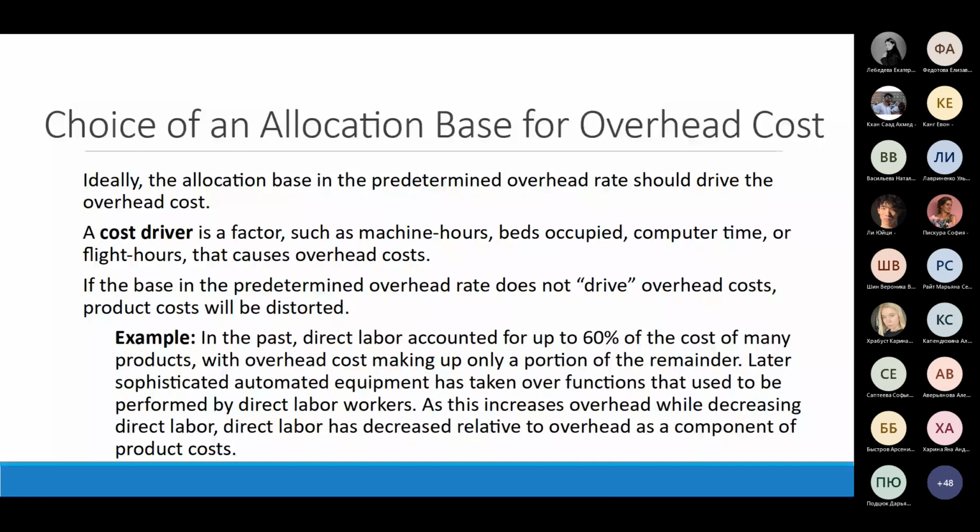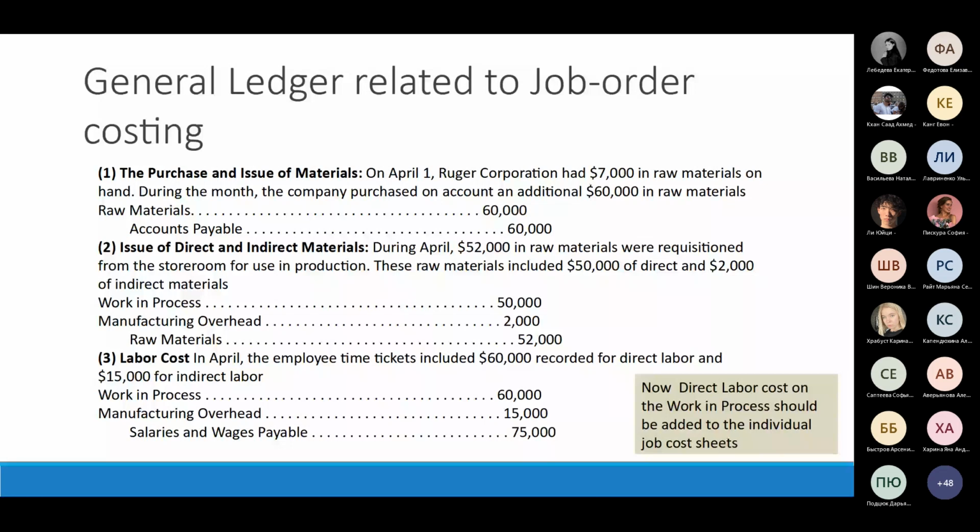So if we use job order costing, we may use several basic operations. First of all, we purchase materials and issue them to production. Then we purchase direct and indirect materials and use different accounts to allocate direct and indirect materials. And we have to use the labor cost information to assign the indirect labor to a specified account.